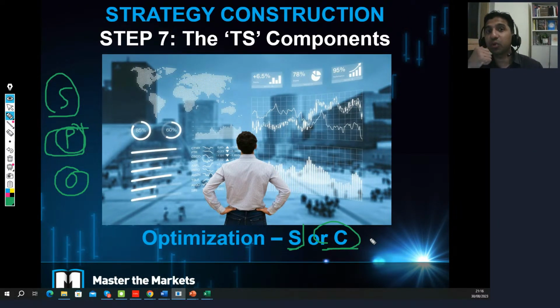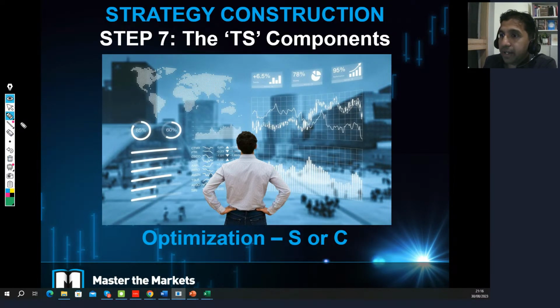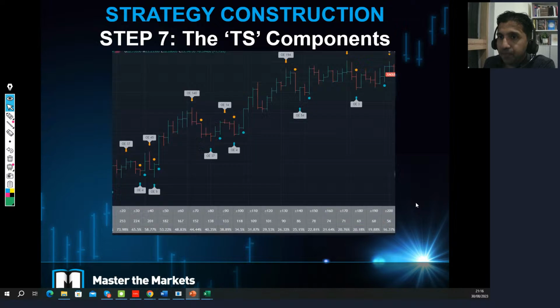Mainly when you know when to stop. When you know that the strategy has failed, you stop it. You make your millions, but don't give it all back to the market. Maybe after you made 5 million, it comes back to 4.5. You know when to stop it because it exceeded your drawdowns. You must know all of this right from the beginning. This is what gives you the clarity. Okay, traders? So that's the third component, the optimization component, which helps you know when to stop or to continue with your strategy.